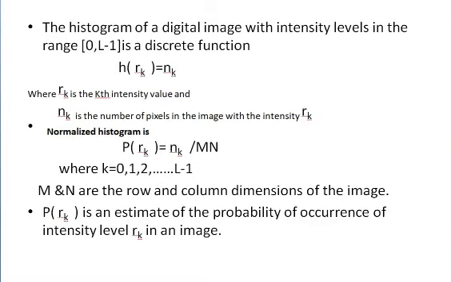If it is an 8-bit image, how many gray levels are there? 256 gray levels are there, starting value 0, ending value 255. Am I correct? 0 to 255. We should indicate all these levels on the x-axis: 0, 1, 2, 3 and so on up to 256.